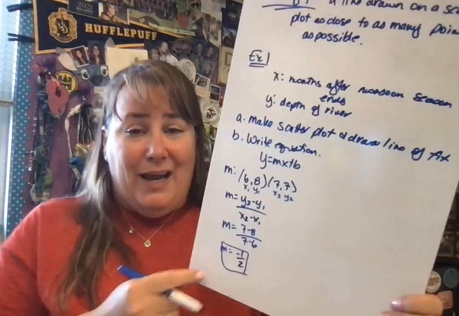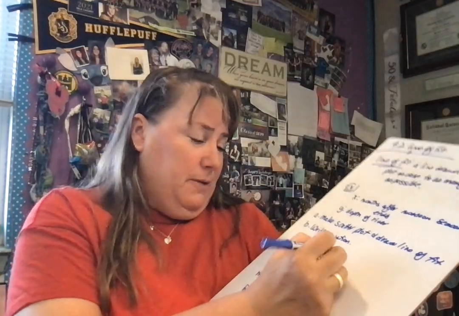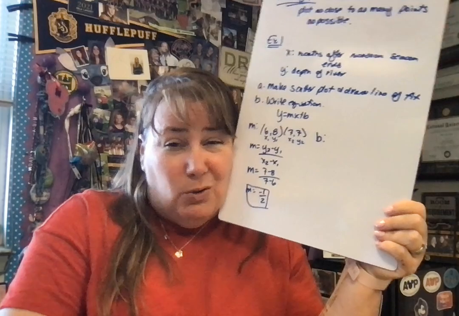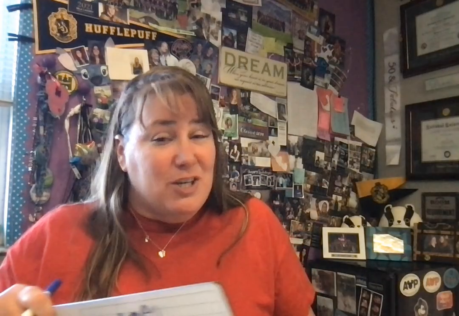All right, so I have M. I need to find B. You're given a graph. There's 2 ways you can find B. You look to see where it's crossing the y-axis, sorry, x-axis is algebra, or you look for the coordinate where x is 0.